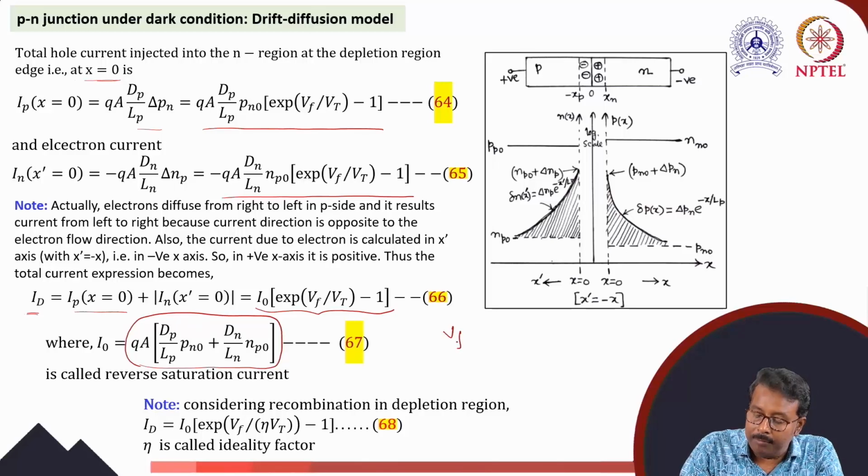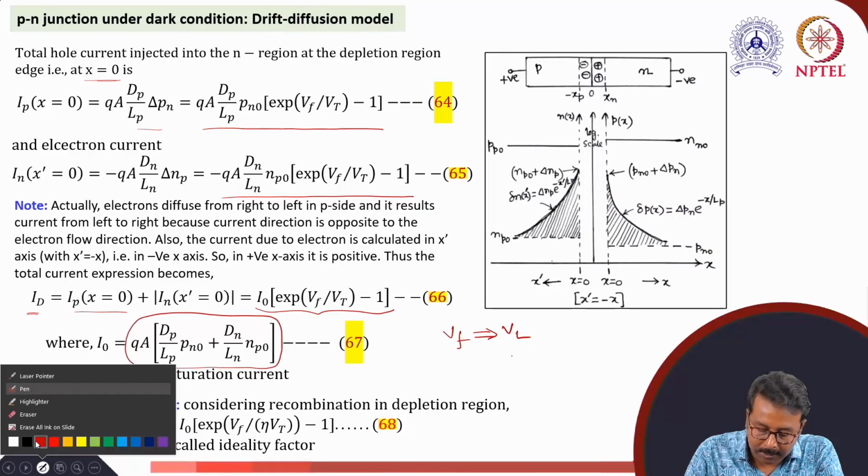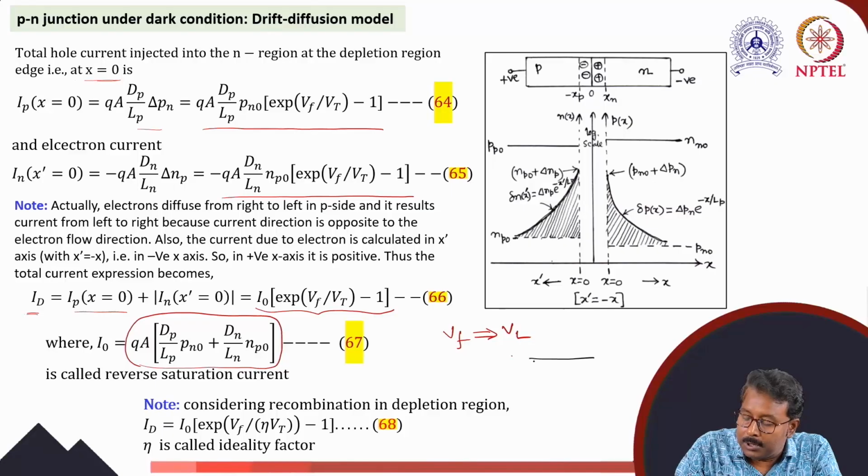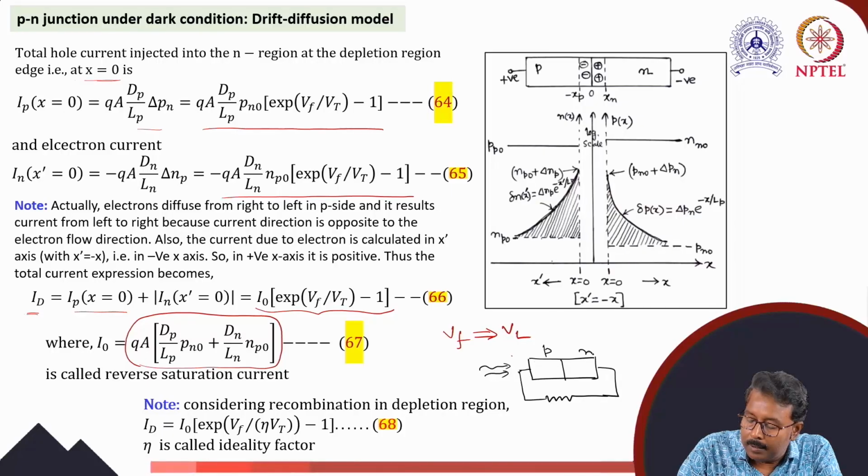So Vf will be V load if it is illuminated. Suppose this is a PN junction under illumination, and an external resistance R is there.